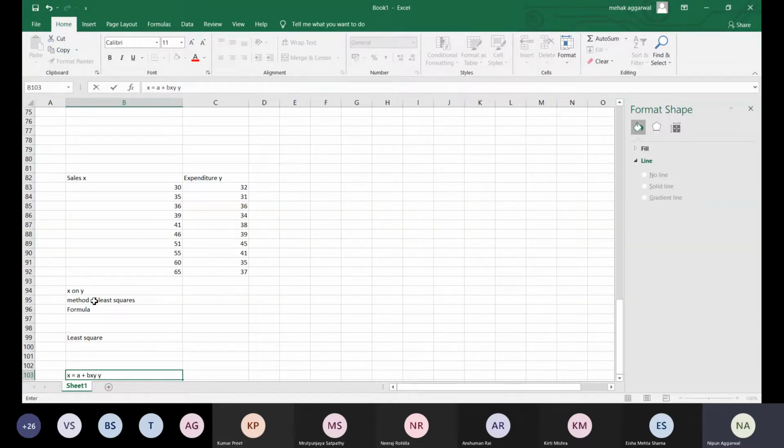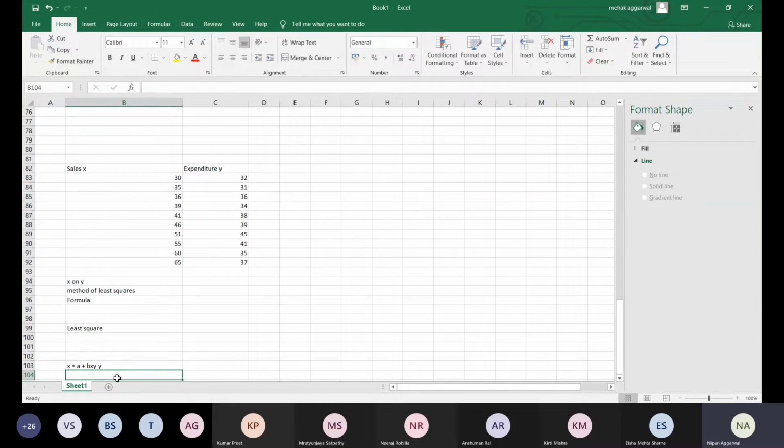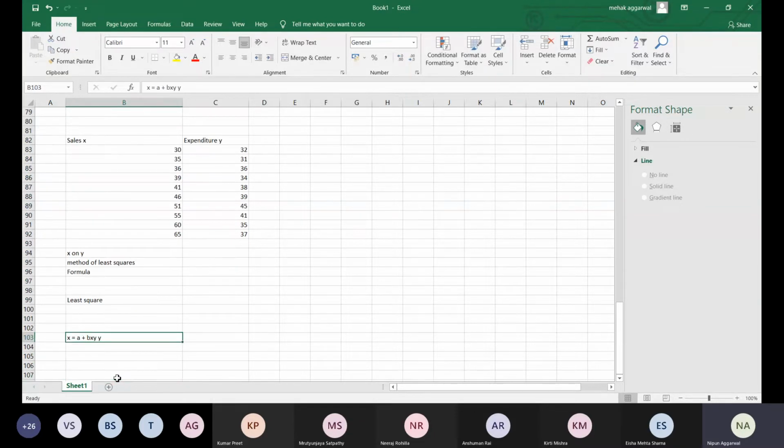So this is the method of least squares we are dealing with. The general regression line for x on y is x is equal to a plus bxy y. If we are talking of y on x, parallelly we can take the case of y on x also. The general regression line is y is equal to a plus byx x. So this becomes the general line of y on x.